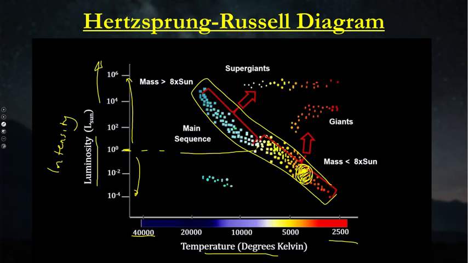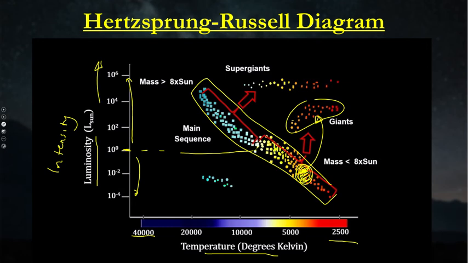What happens is when the sun dies, it will expand and become a giant. When it becomes a giant, it goes here. You can see the temperature hasn't actually changed, but the overall intensity of light produced by the star will get higher.